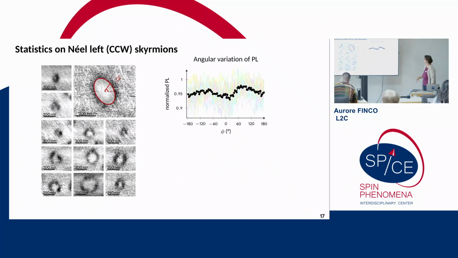So what I did is that I extracted the PL signal around the contour of the skyrmion. Usually there's always an ellipse that you can fit on there. And I plotted the variation of the PL as a function of this angle here. So you get the colored thin lines here, and if you take the mean value, you get this line that shows that there is indeed a sort of pattern coming out.